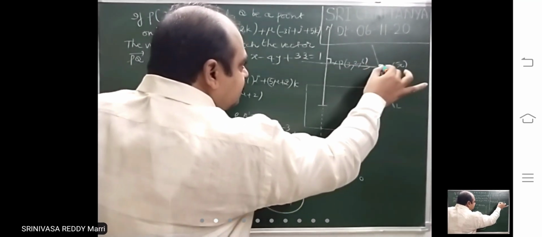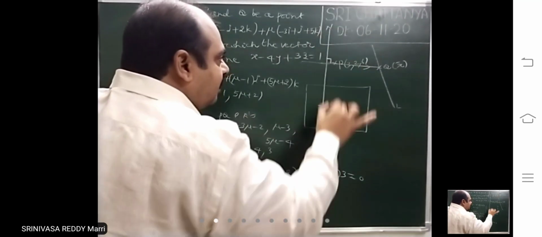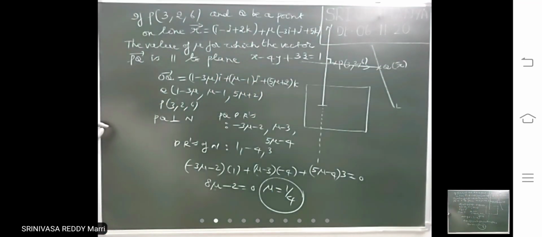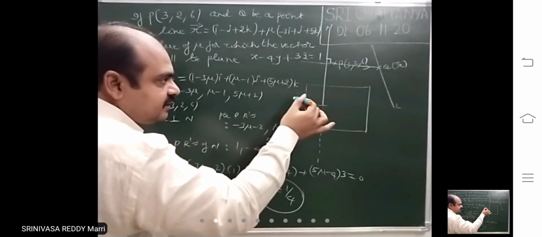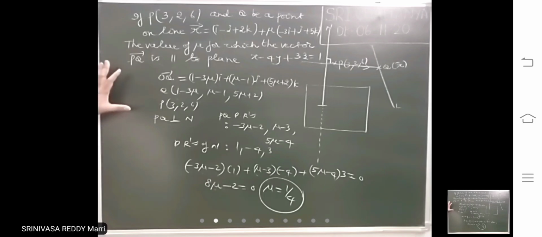He is telling PQ bar is parallel to the plane. That means PQ bar will be perpendicular to the normal of the plane. If any line is parallel to the plane, it will be perpendicular to the normal. That is the concept.